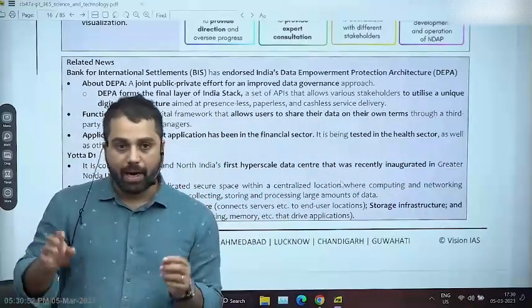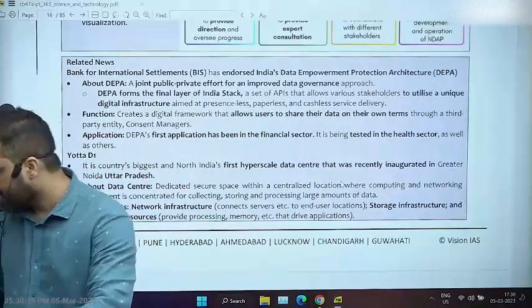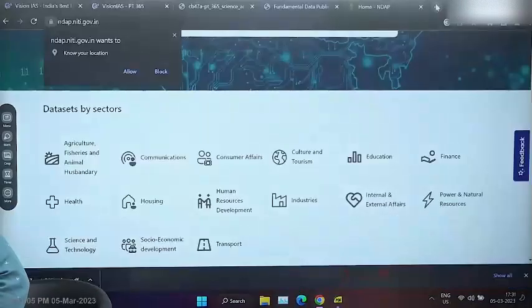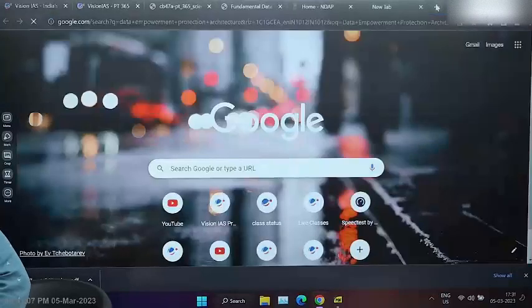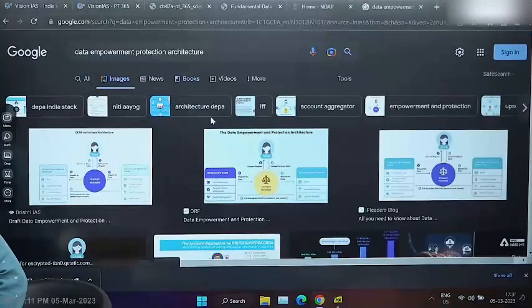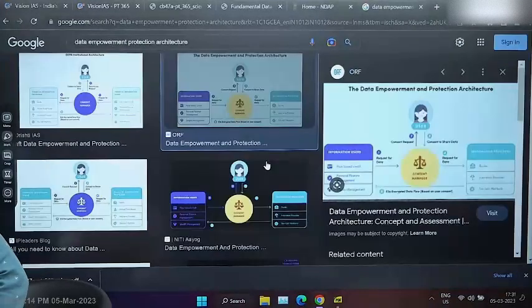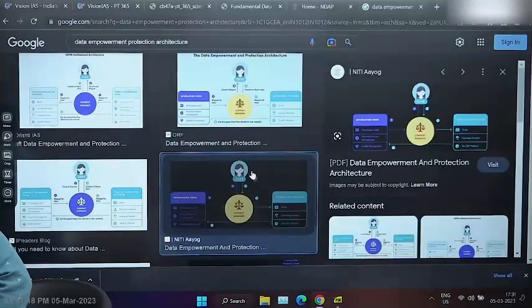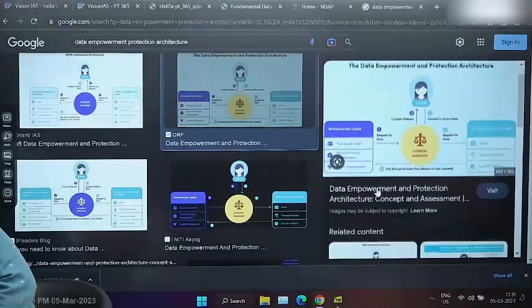It will require some important organizations. Those organizations can be private organizations, or perhaps some government organization. नीति आयोग के डॉक्यूमेंट देख लेते हैं.